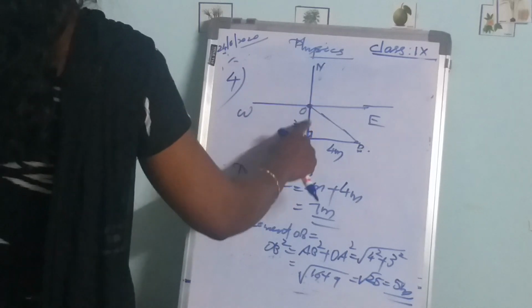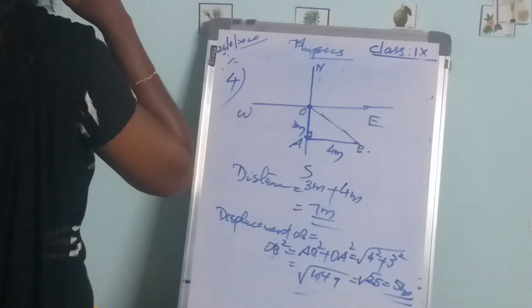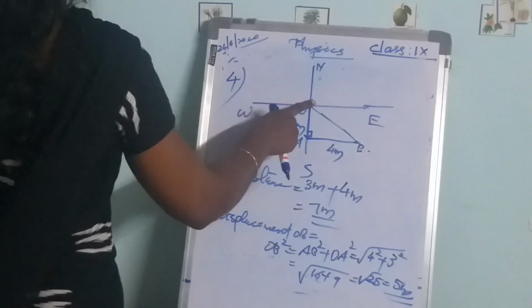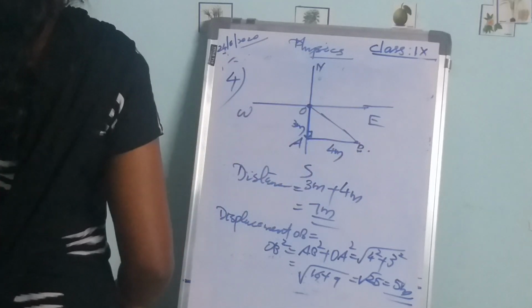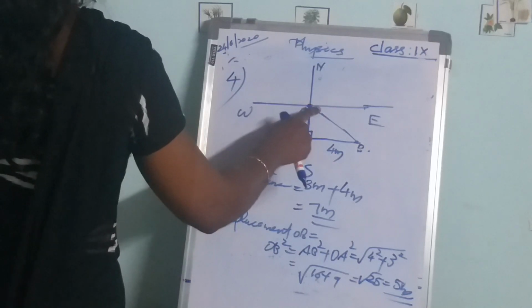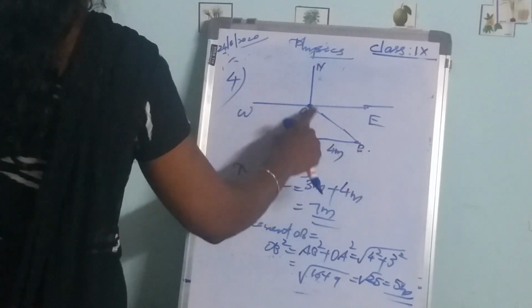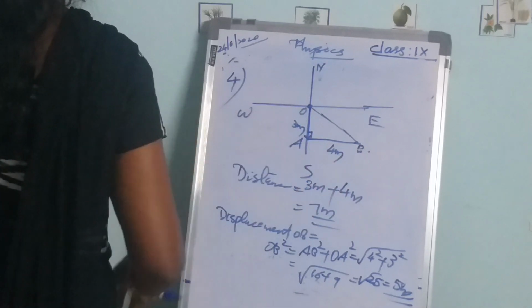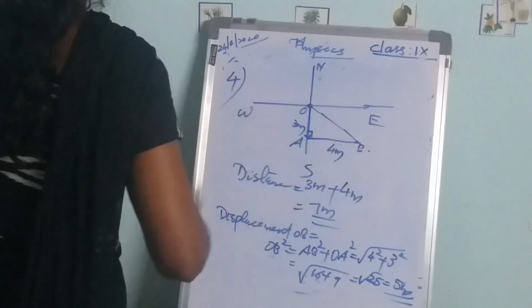And here also we are applying the same Pythagoras theorem to find the distance OB. This is a right angle triangle. So this is the hypotenuse, this is the base and this is the altitude. AB represents base, OA represents altitude and OB represents the hypotenuse.